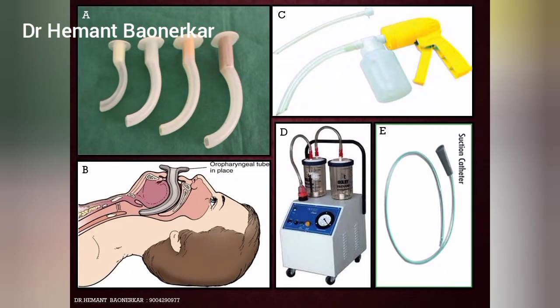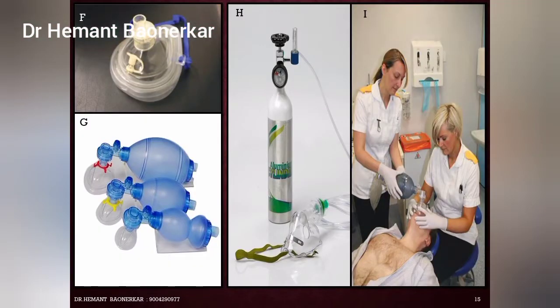In image A, we see an oropharyngeal airway in different sizes. In image B, we can see its placement whenever there is an emergency requirement. The U-shaped component holds the tongue. In image C, it's a suction catheter, non-electric based, and D is an electric suction catheter.